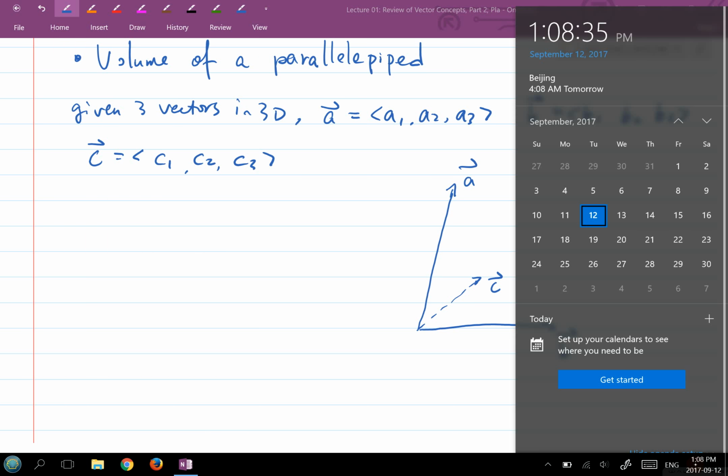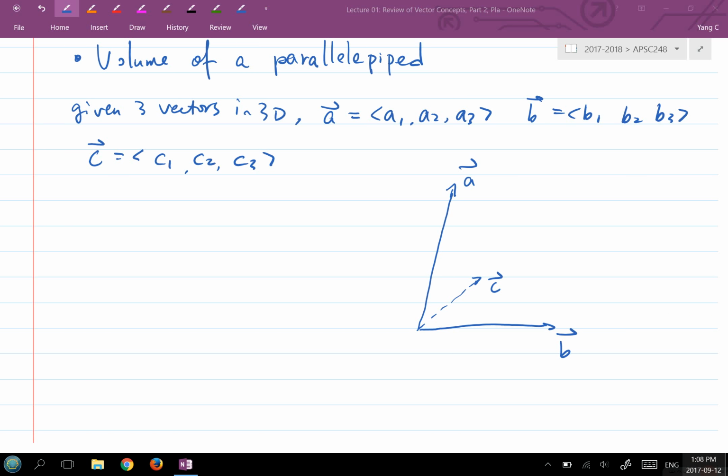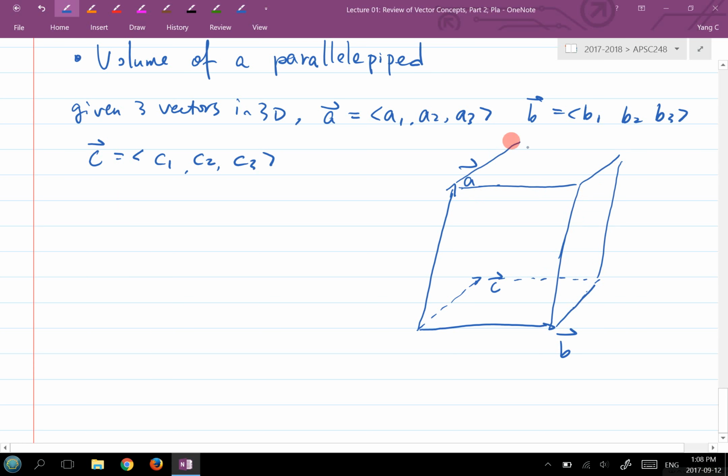So we can use the three vectors to form an object like this. So this is the object you can form. It's basically an object surrounded by parallelograms. Okay. So A, B, C.